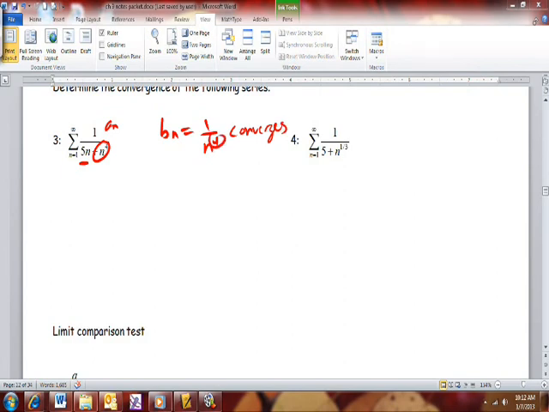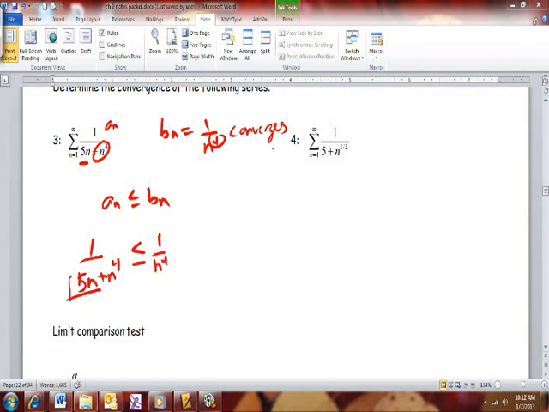So what we need is we need a sub n to be less than or equal to b sub n. And if this is true, since b sub n converges, then a sub n will also converge. So we look at our a sub n, we have 1 over 5n plus n to the 4th. Is that going to be less than 1 over n to the 4th? Let's think about this.